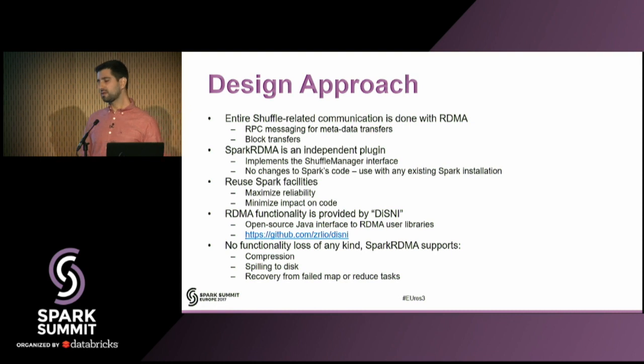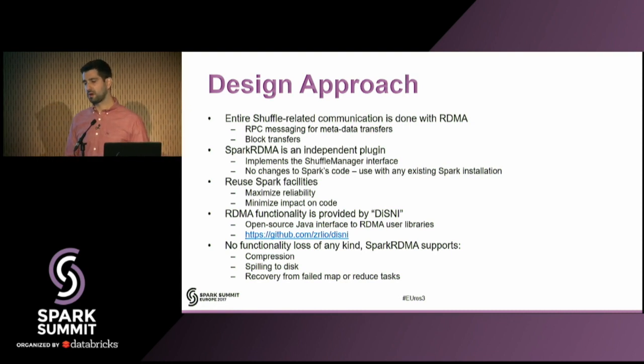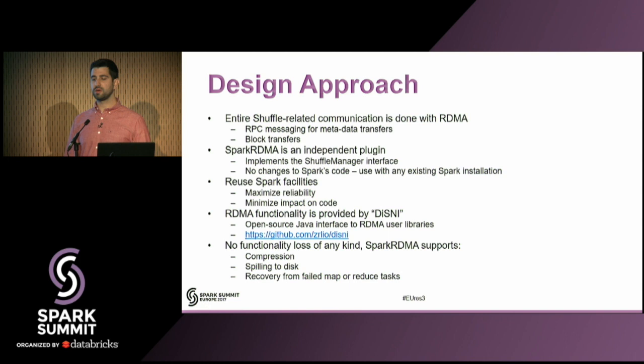The design approach that we came up with is to switch the entire shuffle-related communication to RDMA. So the RPC messaging for metadata transfers, which are the map statuses and so on, is all on RDMA. And of course, the block data itself is with RDMA.